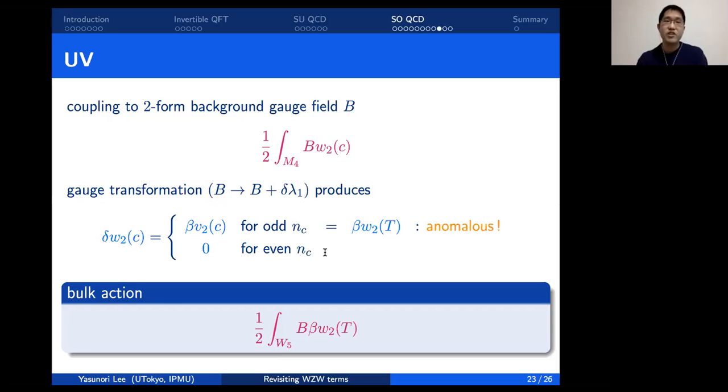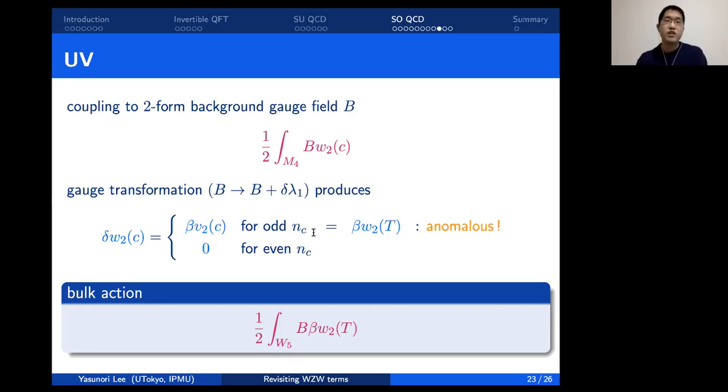For even N_c, 2N_c is 0 mod 4, and there was no such relation, and delta w2 automatically vanishes. So that's the first point. And furthermore, by putting the theory on a non-spin manifold, this v2 of C, which controls the lift of the SO over Z2 bundle, was said to be equal to this w2 of T, which controls the lift of the spacetime SO bundle, as we saw before.